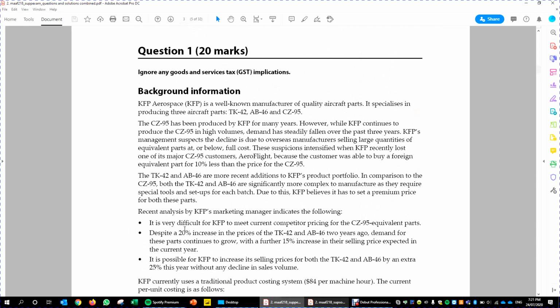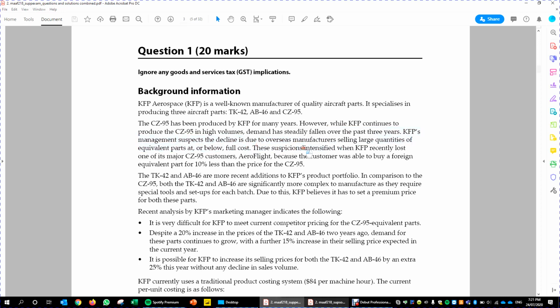We'll just look through the key parts in the question. First of all, we know that they're a manufacturer of aircraft parts. The three aircraft parts that they're doing are those three that we saw in the question. CZ-95 is an old product which has been produced in high volumes, demand's been falling, and management suspects the decline is because of overseas manufacturers selling large quantities.